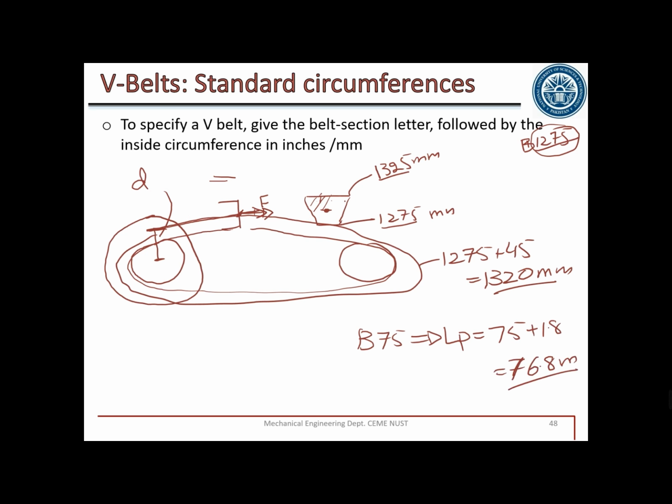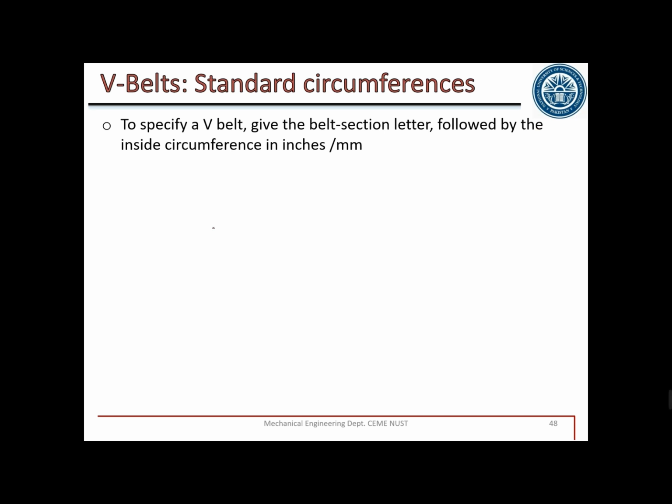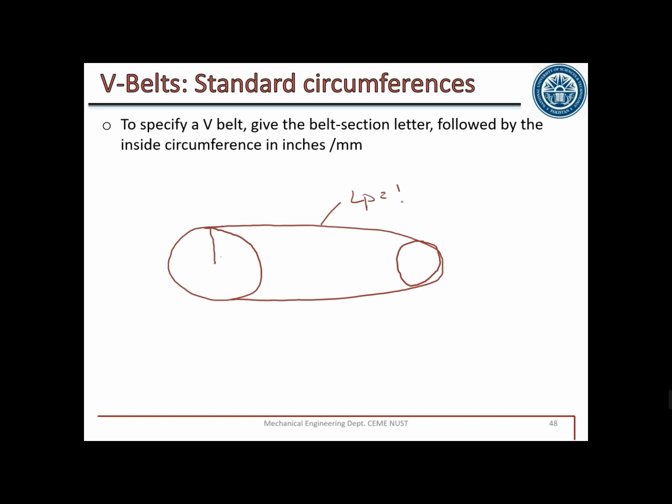And what this diagram shows is a pulley of diameter D, which is the pitch diameter, and there is a belt which will be shown by a line, because now we use this length as a pitch diameter. So the pitch diameter of this wheel and of this pulley are both given as pitch diameter, and this circumferential length will be LP, equal to 1320 mm.